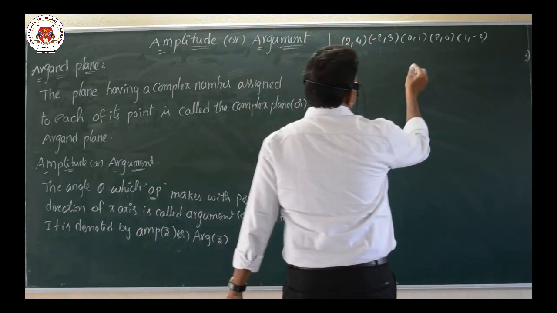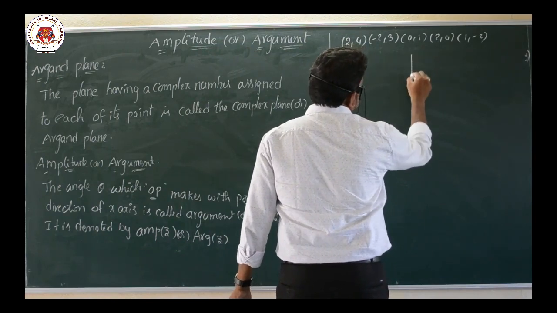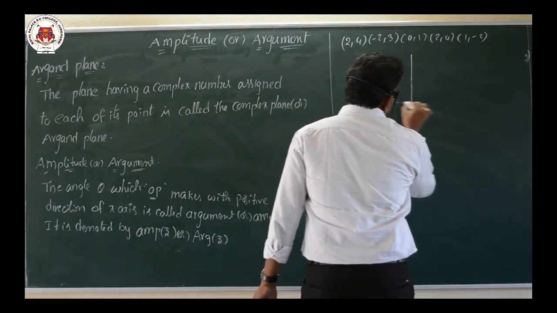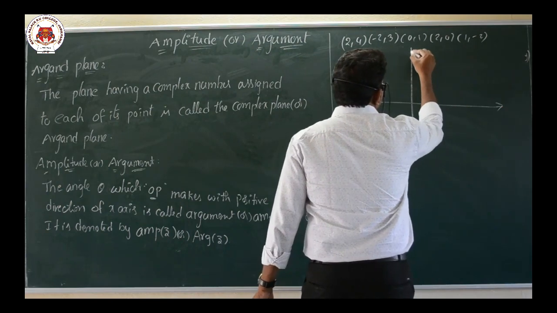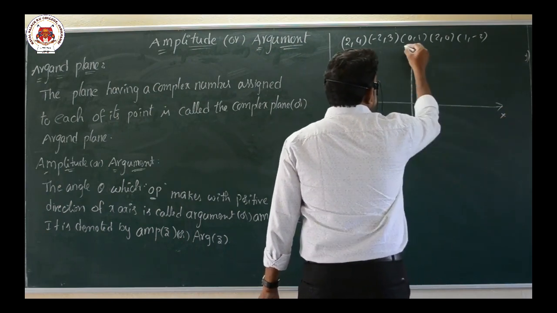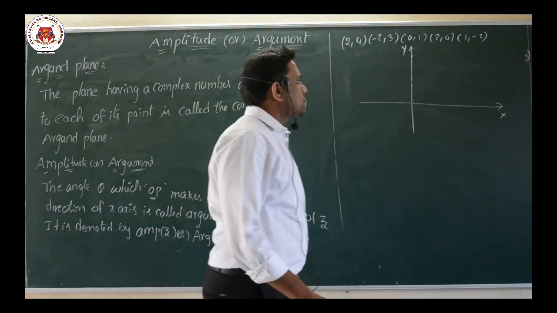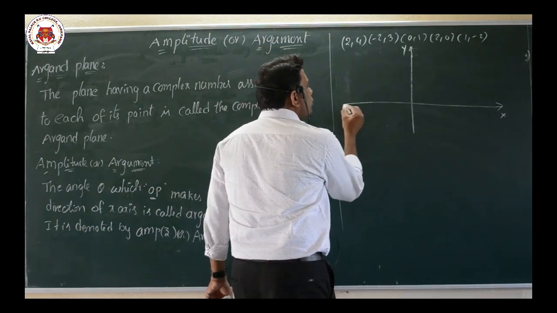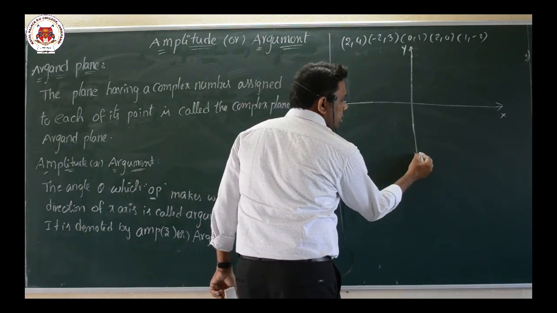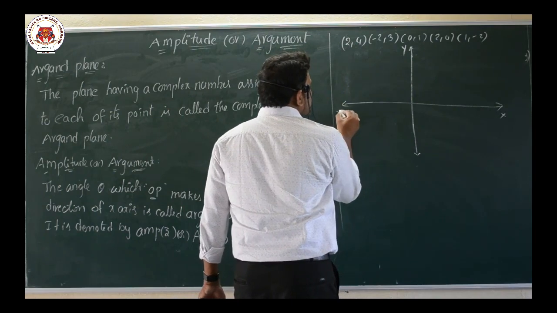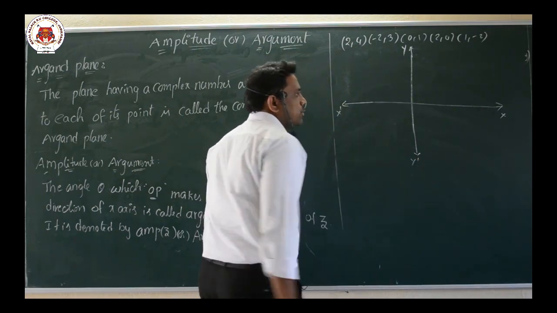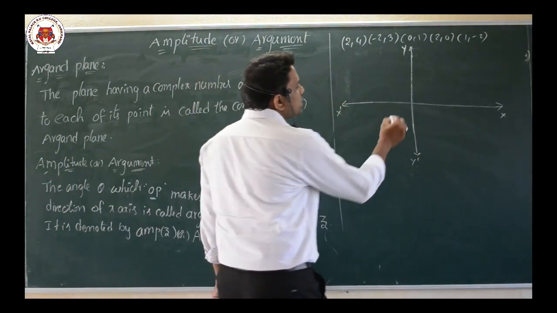So consider a two-dimensional coordinate axis system. This is the coordinate system. One is the x-axis, another one is the y-axis. Children, you have learned in your earlier classes how to draw this. So this is x dash and this is y dash, and this one is the origin.